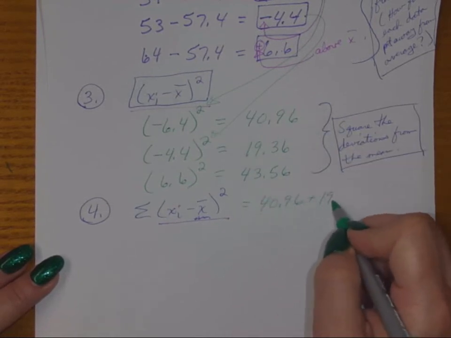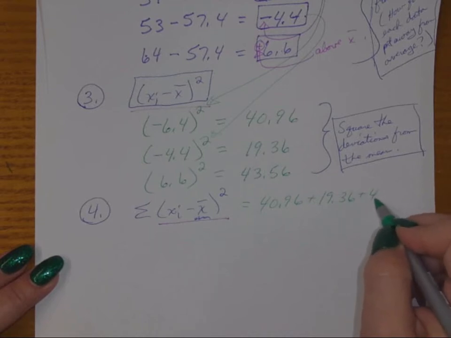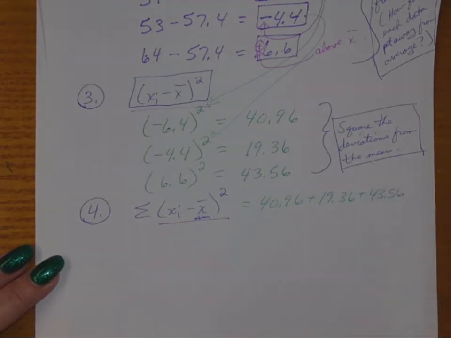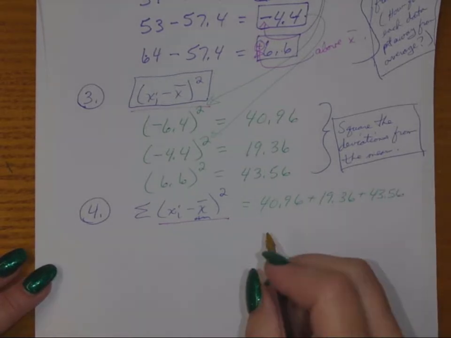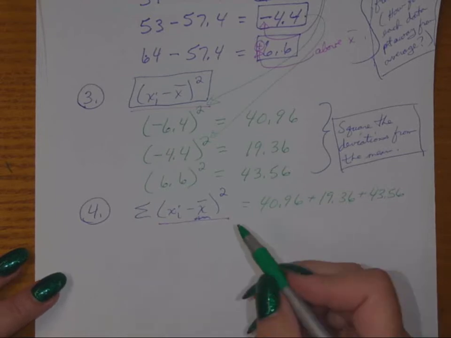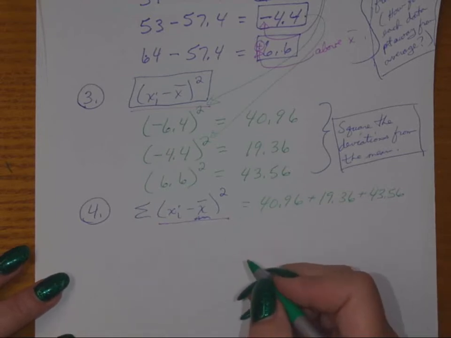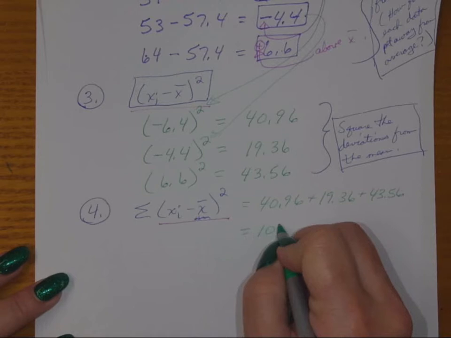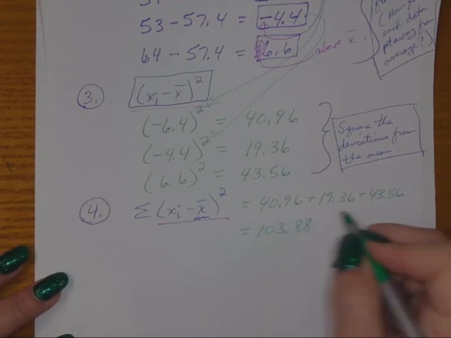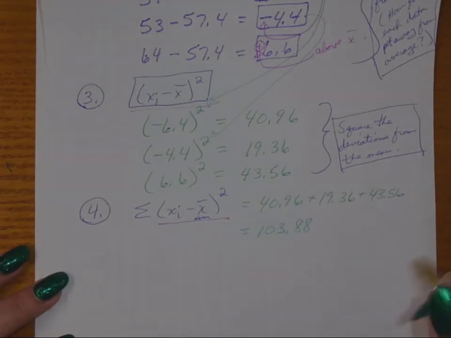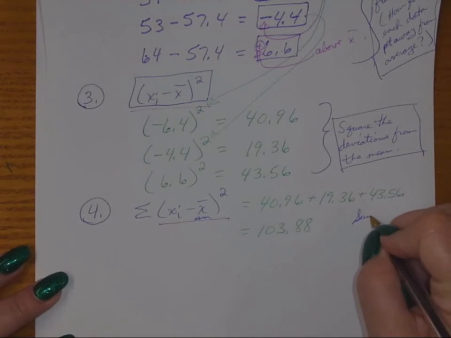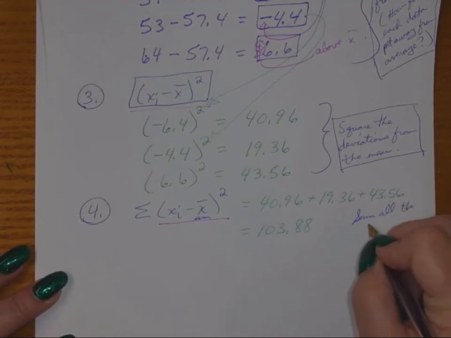40.96 plus 19.36 plus 43.56. And when I add all of that up, I've got 103.88. I hope that that's right. So sum all the squares.